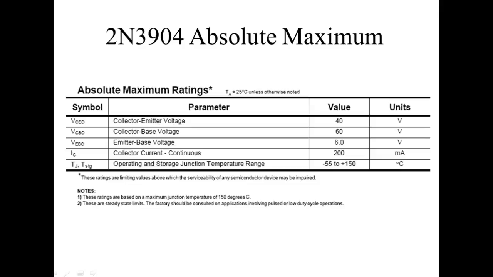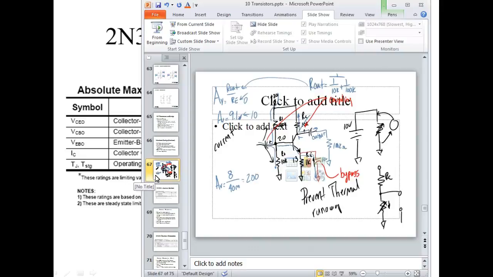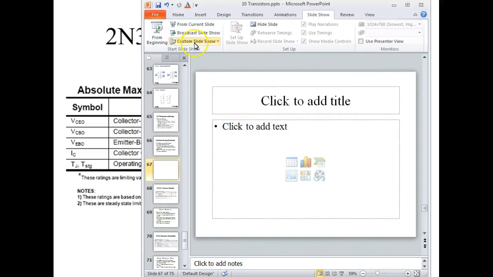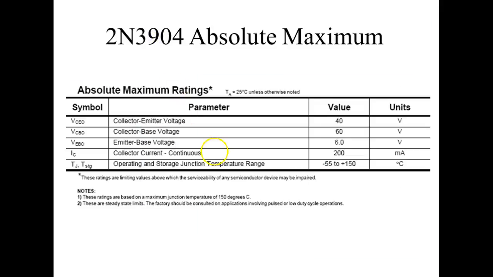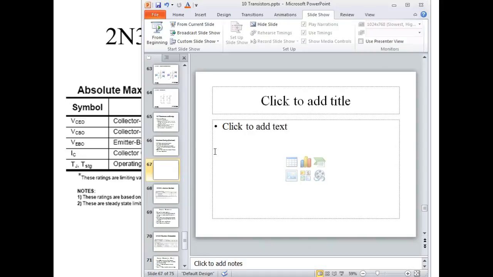I'm going to get rid of all this stuff and redraw the circuit so we can get a good look at this and tell you why we don't bypass everything. And then next class, we'll talk a little bit about something called impedance matching. Don't let me forget that.